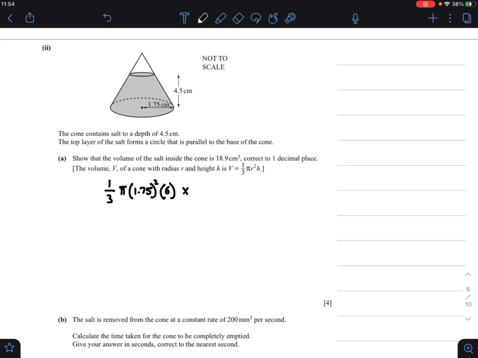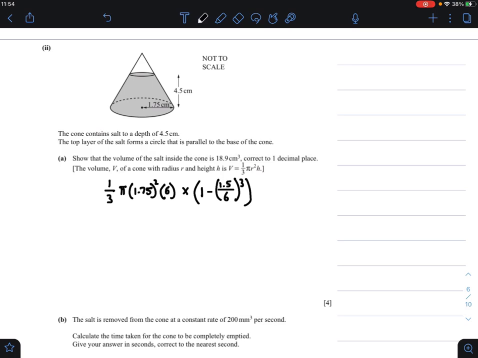So multiplied by 1 minus, now the entire height is 6 centimeters, but the remaining part, where the salt is not filled, is just 1.5 centimeters. So 1.5 divided by 6 and the whole cube, because this is in centimeters and volume is in centimeter cube, so we need it in the same unit. So now all you need to do is simplify this working.